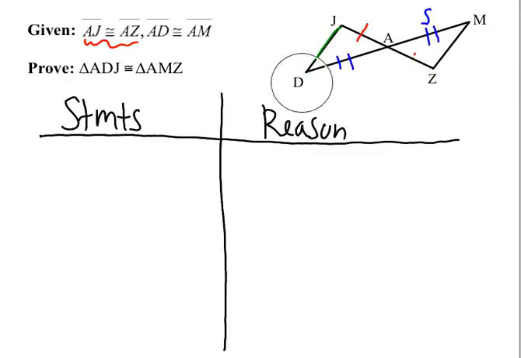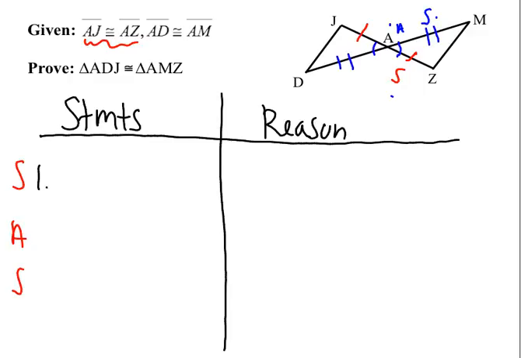But hopefully you're thinking, oh, I have vertical angles here, right? I know that this angle is congruent to that guy, and there's my angle. So what letters do we have there? Side, angle, side. So let's write that down. Side, angle, side, and we'll fill in the blanks.